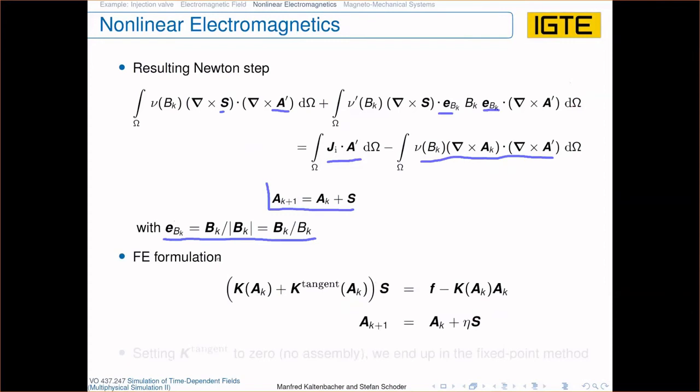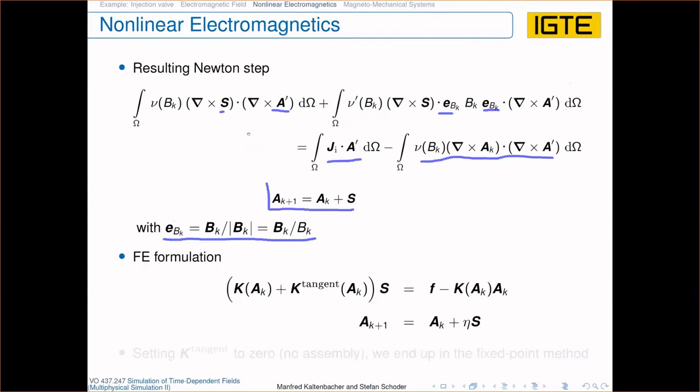This overall system matrix is multiplied by the vector S, including all the unknowns, which are our increments we want to compute, and this is the right hand side. So perhaps I just take this as green.